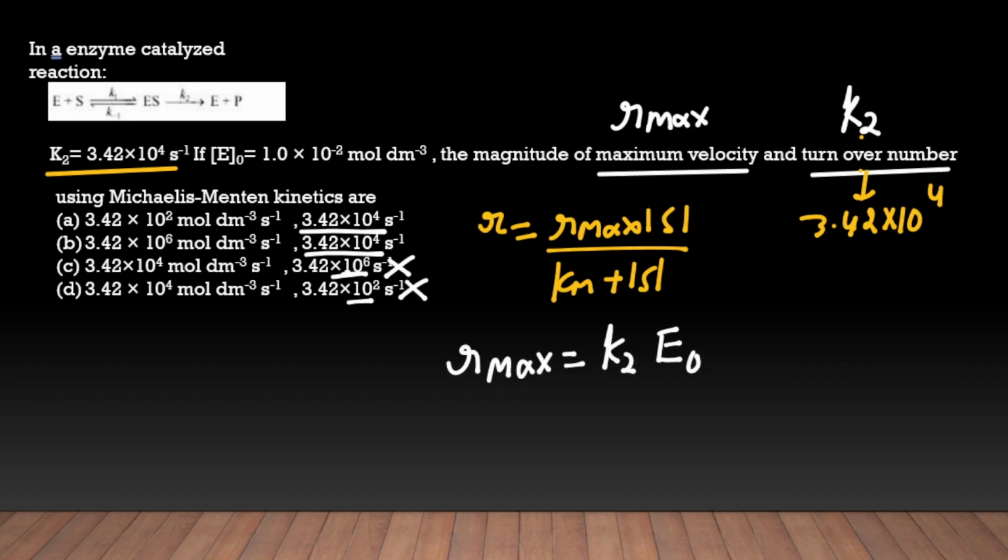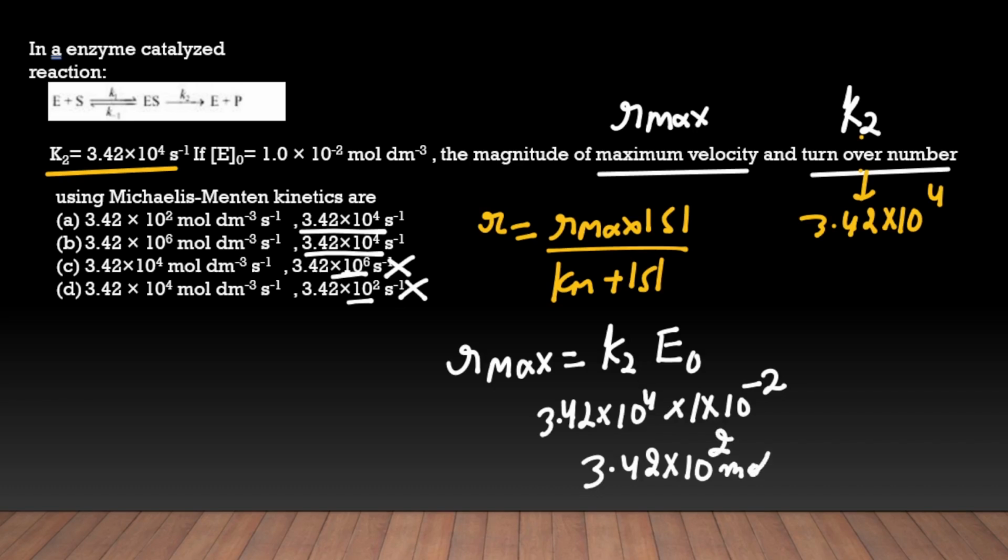K2 is given to us as 3.42 into 10 raised to the power of 4. E naught value is 1 into 10 raised to the power of minus 2. So this becomes your 3.42 into 10 raised to the power of 2. Units will be mole per decimeter cube per second. This is going to be the R max value.